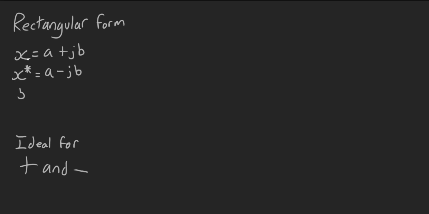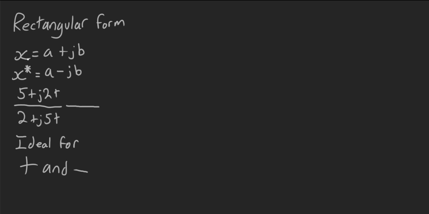Now, even though it's ideal, you can still simplify a fraction of complex number in rectangular form, such as this. Let's use this as an example. You could actually simplify this in rectangular form, such as this.